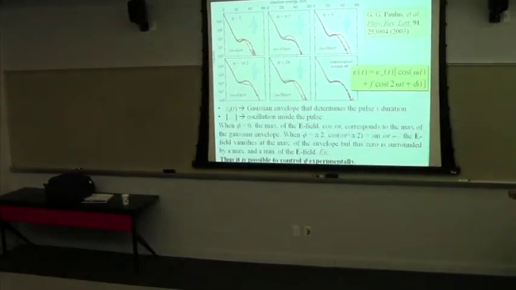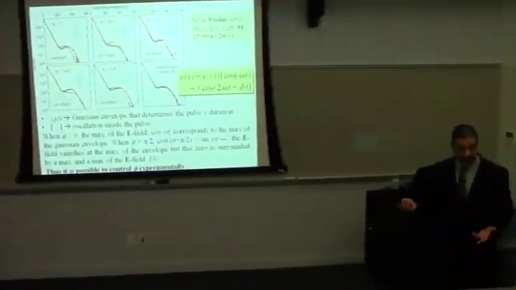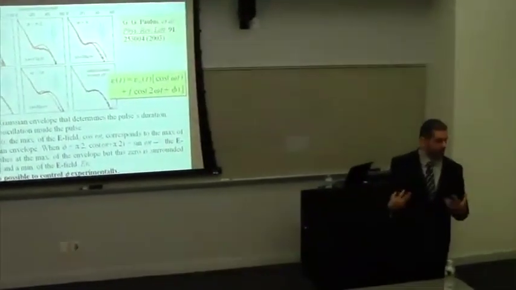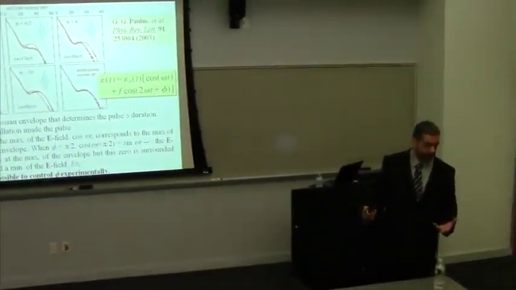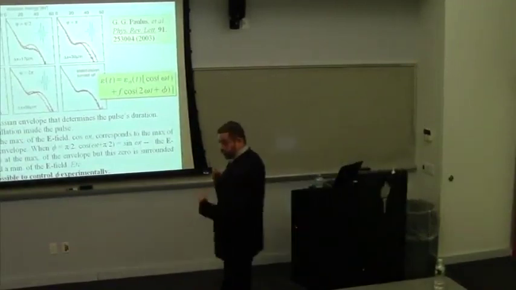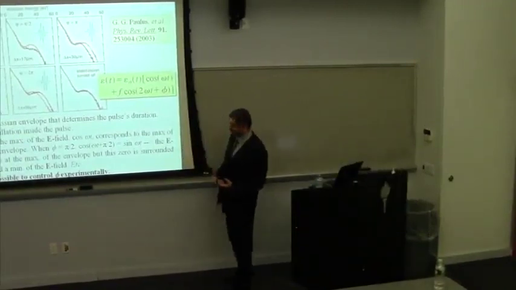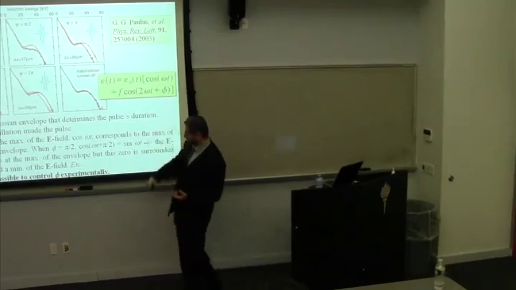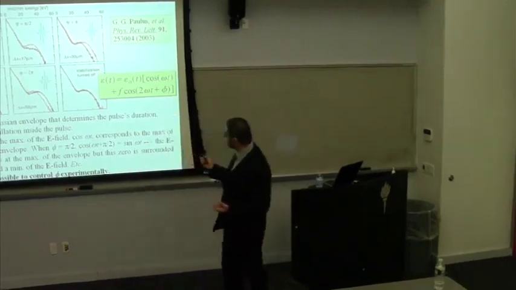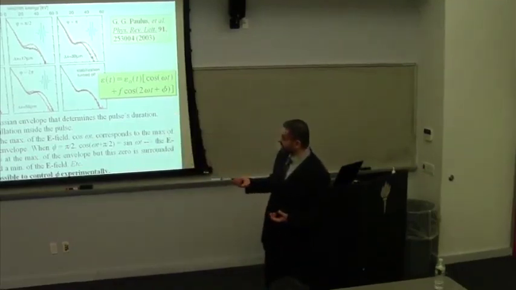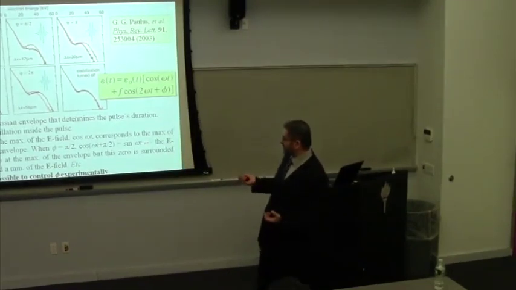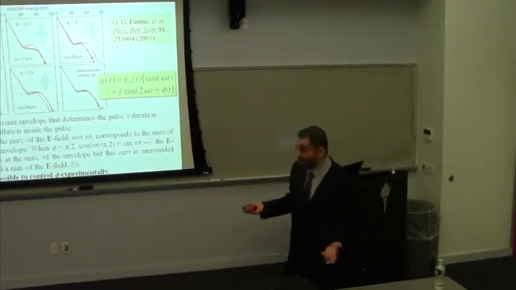So this is the equation that describes this laser pulse, and this is the equation in the Hamiltonian that we have. And I just showed you that you can control that experimentally. So for instance, when phi is 0, to maximize this, the cosine omega t corresponds to the maximum of the Gaussian envelope. Why?